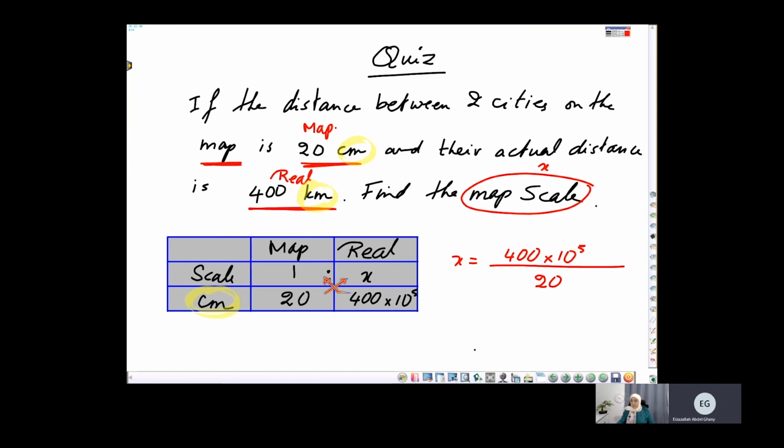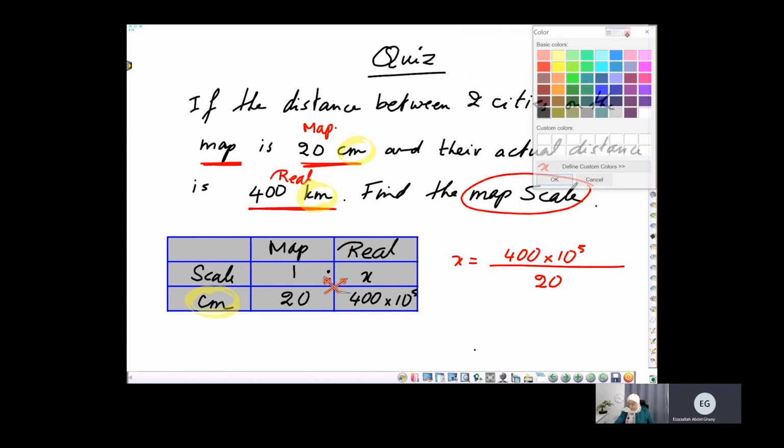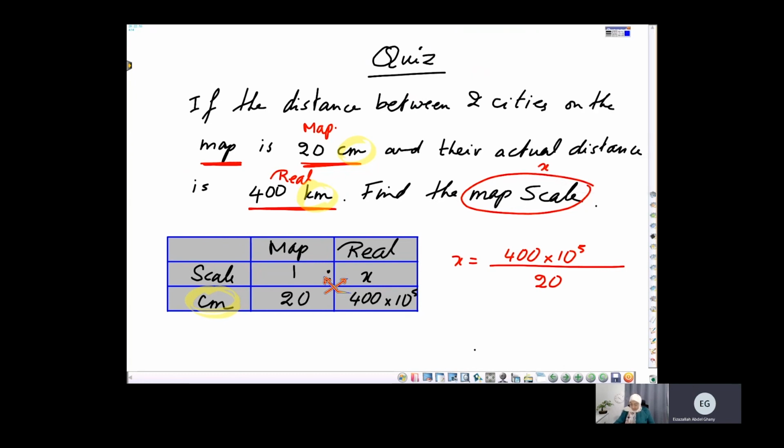I want to remind you about the ratio. We didn't take ratio yet, we will take it very soon. Map to real and area scale, it is just a ratio. And this ratio is between what and what?